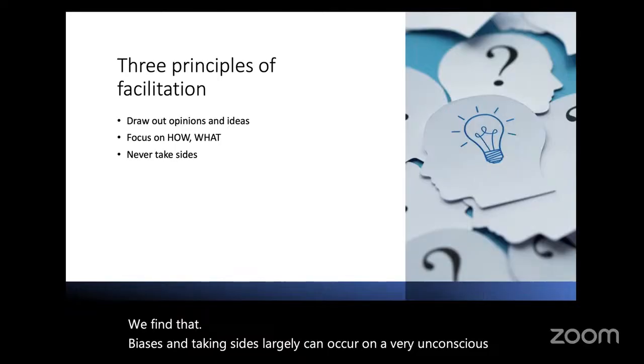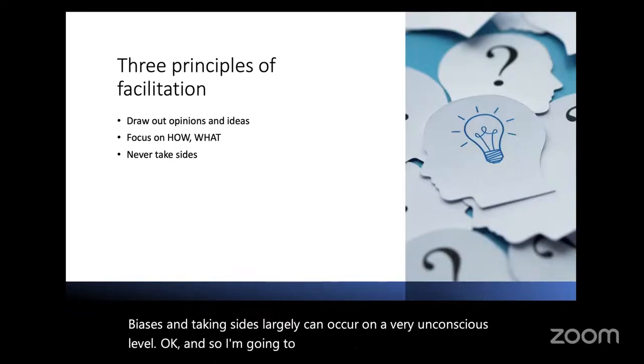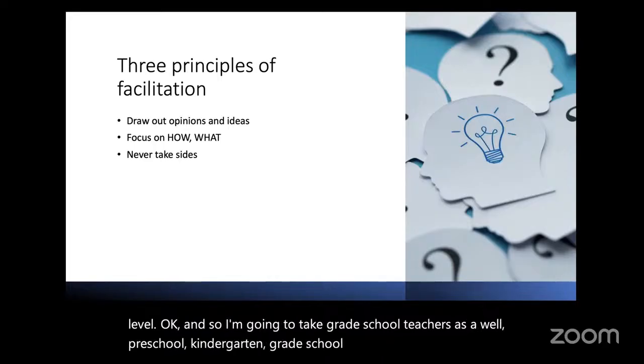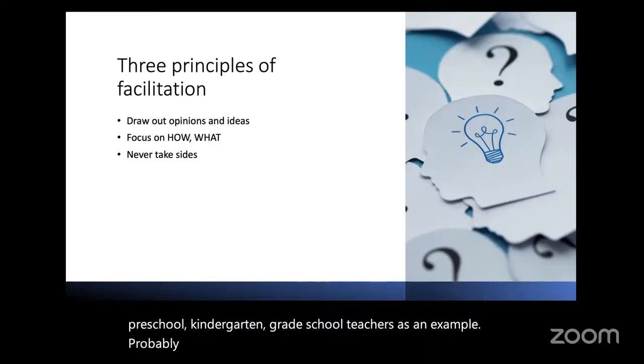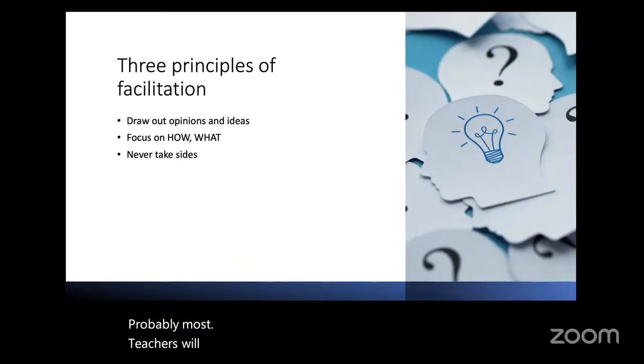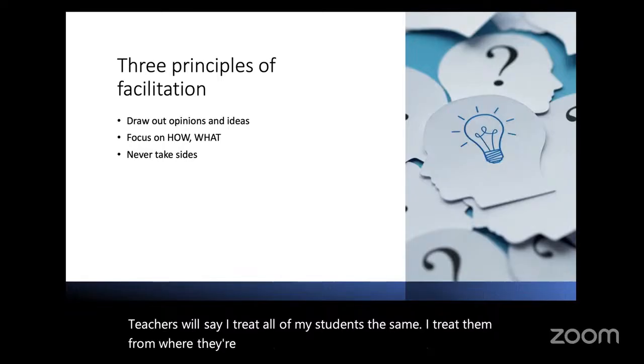Okay. And so I'm going to take preschool, kindergarten, and grade school teachers as an example. Probably most well-meaning teachers will say, I treat all of my students the same. I treat them from where they're at. I don't have biases because of where they come from or who they are.